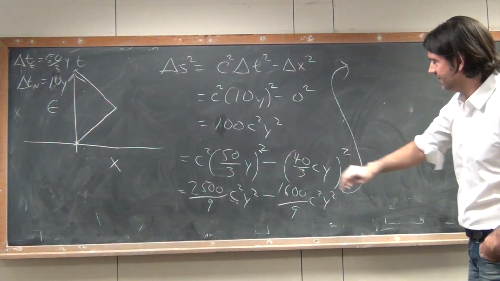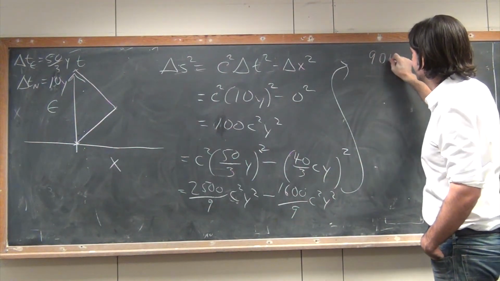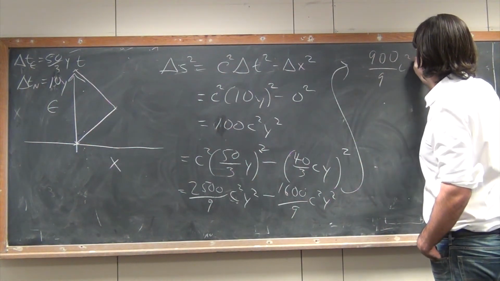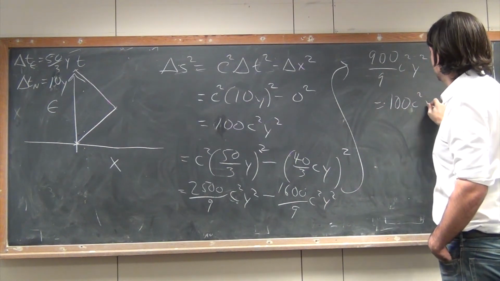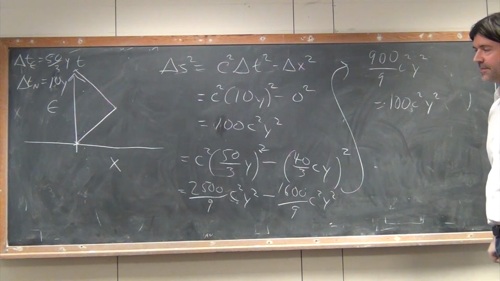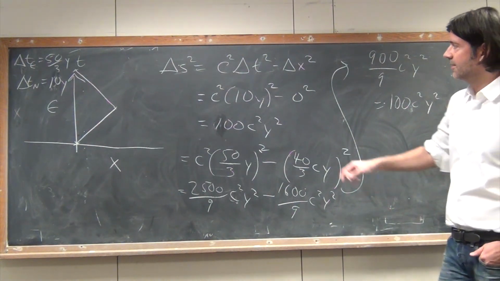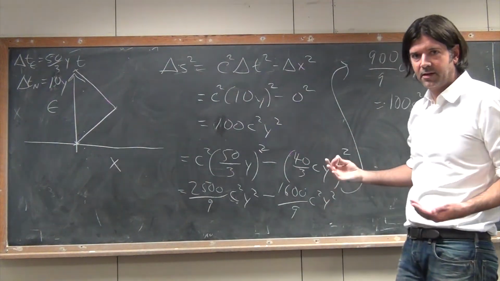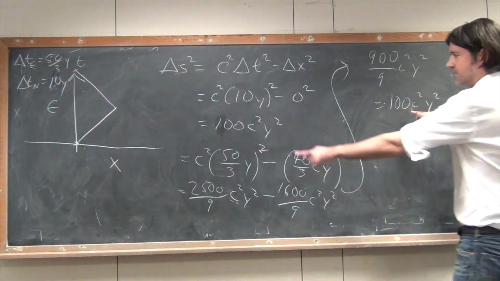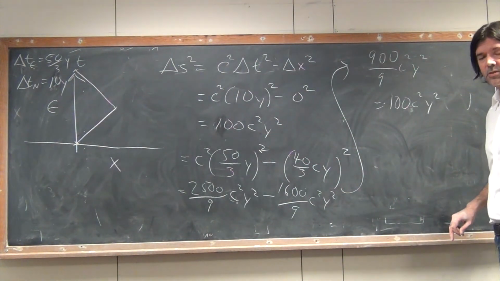So if I take this difference, what do I get? I get 900 over 9 light years squared, which is equal to 100 light years squared. So again, they disagree on the time, they disagree on the space, but they agree on the invariant space-time interval, that it's 100 square light years.